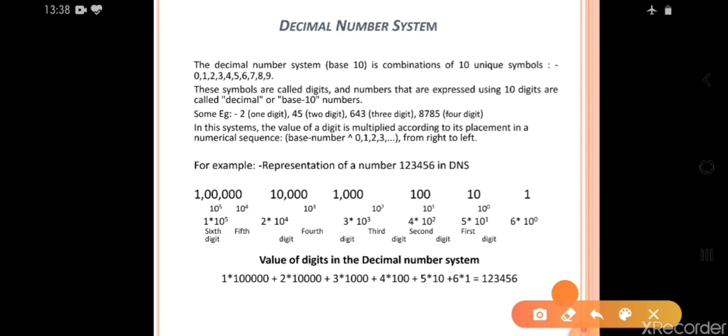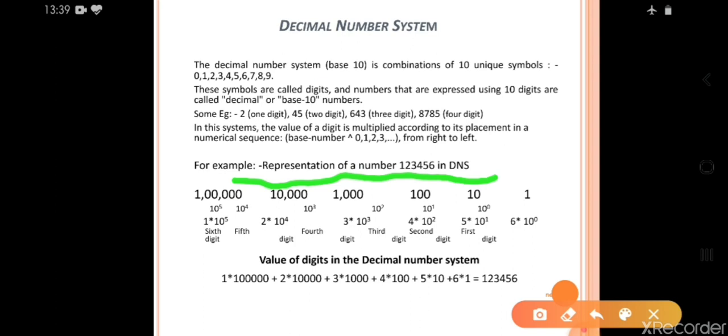Now see, I have to represent the number 1, 2, 3, 4, 5, 6 in DNS, that means the decimal number system. 1, 2, 3, 4, 5, 6 is my number. It has 6 digits, and as I told before, the counting will start from 0.